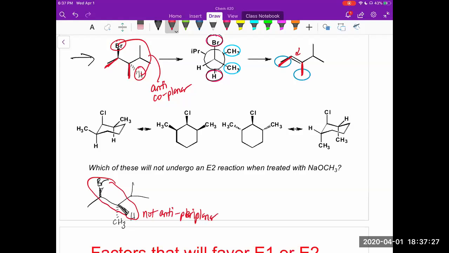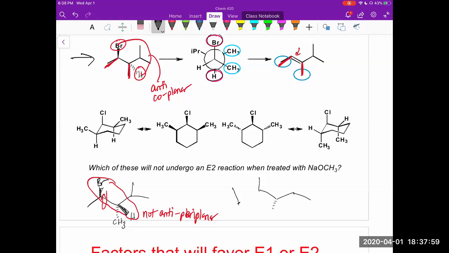So what I'm going to have to do is rotate something. So let's just rotate right there and redraw this on the rotated scale. So I've got my methyl up, then I come to the bromine, which is going to be back. Let's draw it like this. Okay, so we have the methyl up.